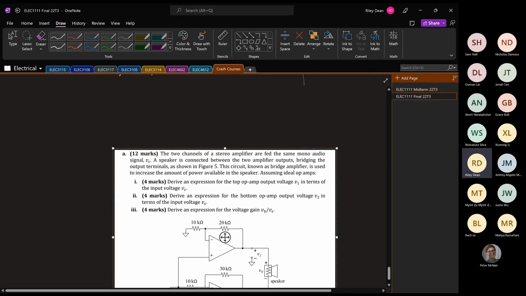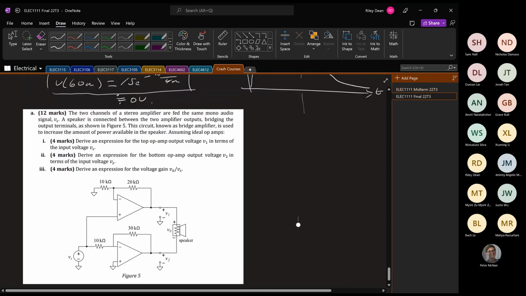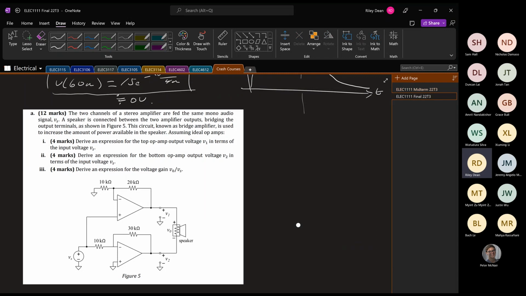Otherwise, I will move on to our op-amp question. Op-amps are definitely something that you'll probably see one, maybe two questions on in the final, which can be a little tricky, but you should be able to do it.